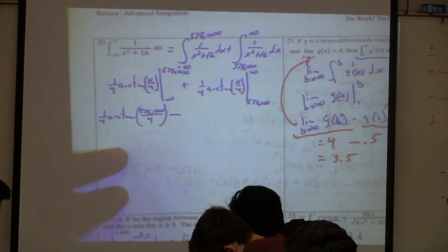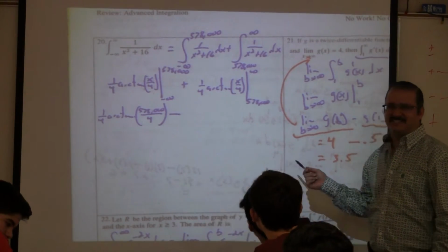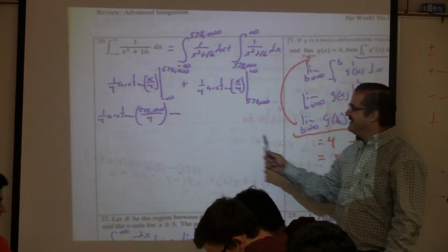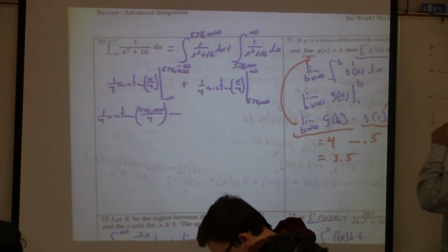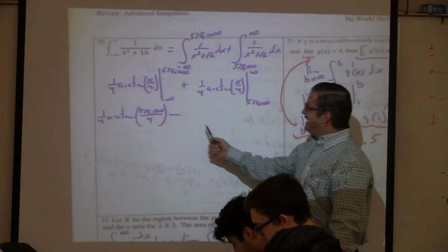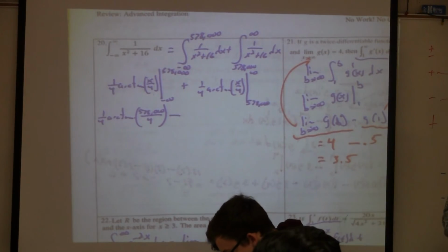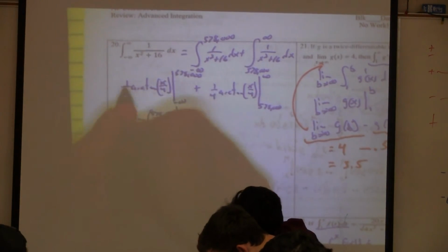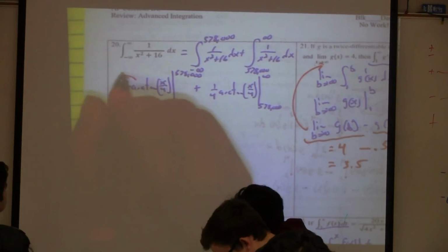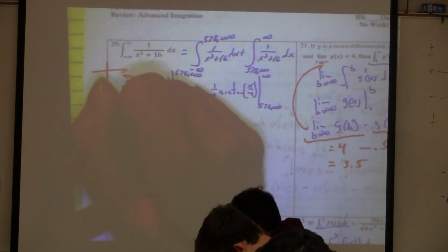So another trick you have is to just draw a little triangle. Minus, plug in negative infinity. So we get arctangent of negative infinity. So we need to look at the graph of arctangent, right? So what does arctangent do as I go to negative infinity? It goes to zero.